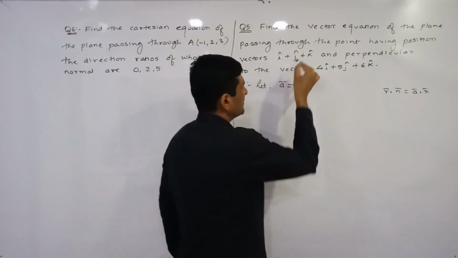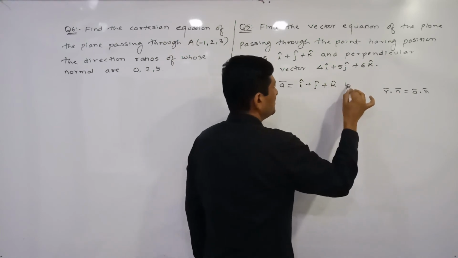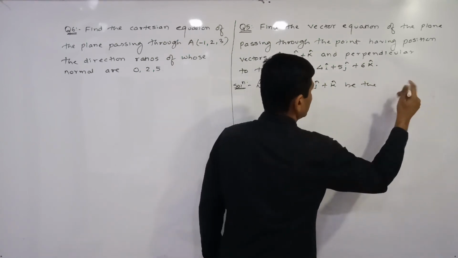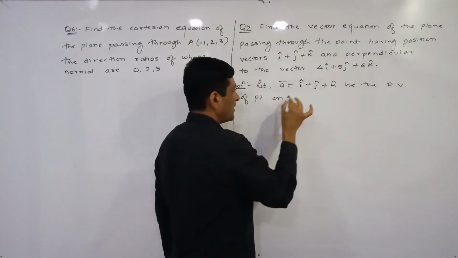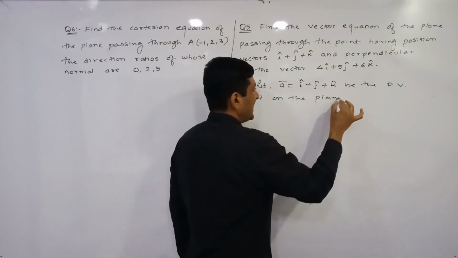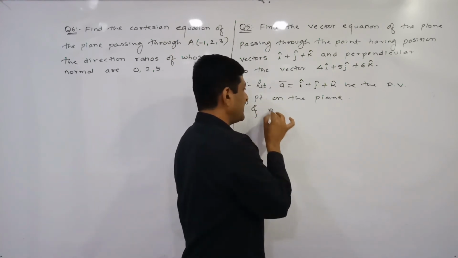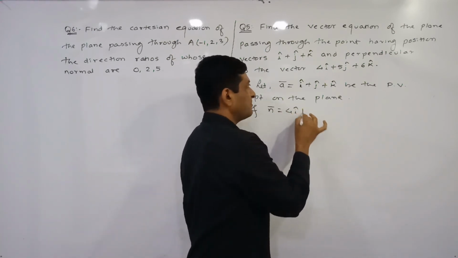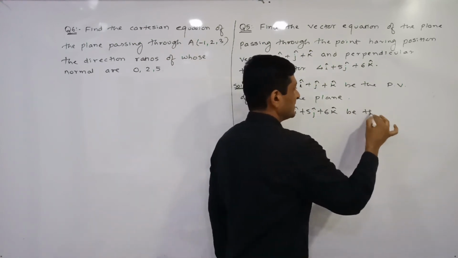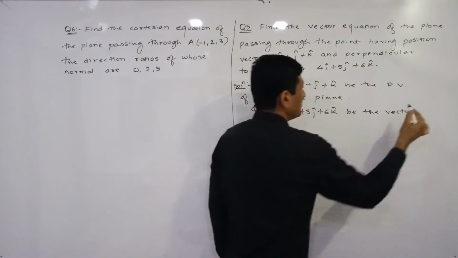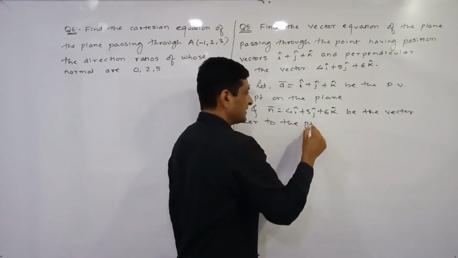Let A bar be equal to i cap plus j cap plus k cap, the position vector of a point on the plane, and the vector perpendicular to the plane we denote it by n bar, and n bar is equal to 4i cap plus 5j cap plus 6k cap, the vector perpendicular to the plane.